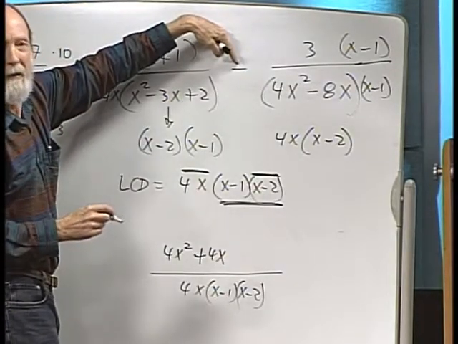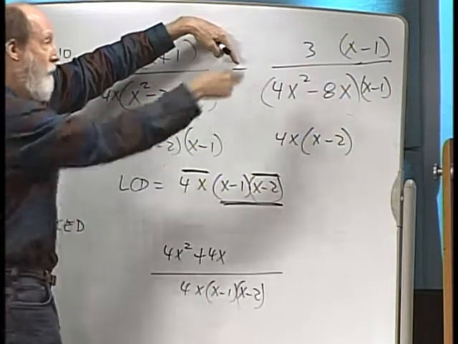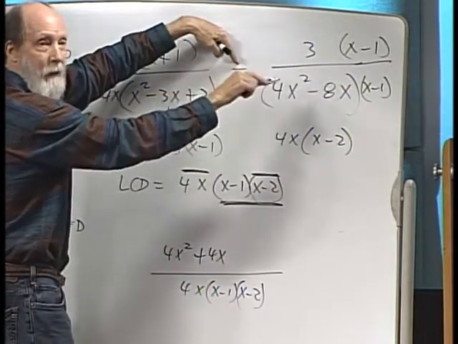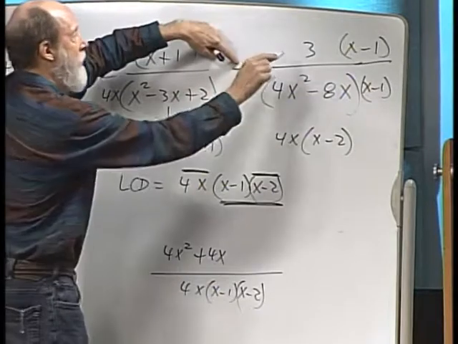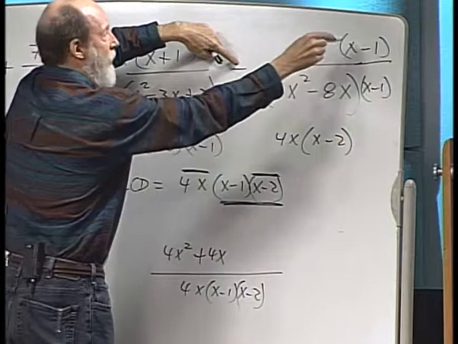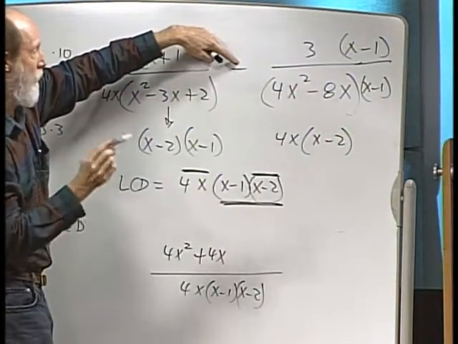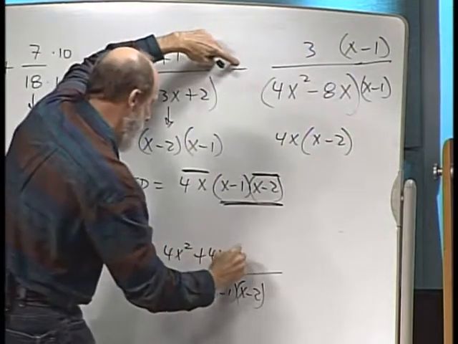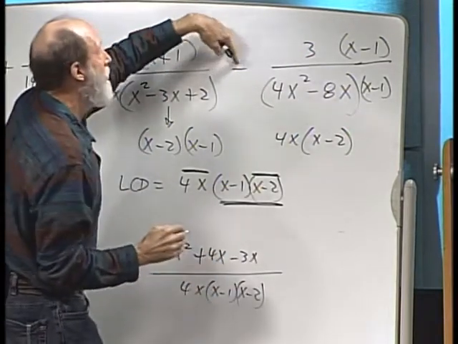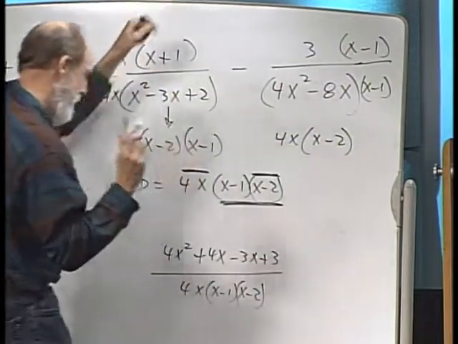This catches you, and watch what happens when we start doing trig identities, where we have fractional expressions involving trig things. If you have a negative out here, that negative gets multiplied in here times the 3 and has to be distributed to the x minus 1. You all know how to do that, so you end up with minus 3x there, and you end up with a plus 3 on the tail end. Check my arithmetic.